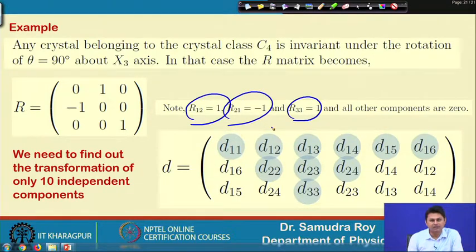These are the terms that will affect this rotation operation, but the other elements, since they are 0, will not play any role.